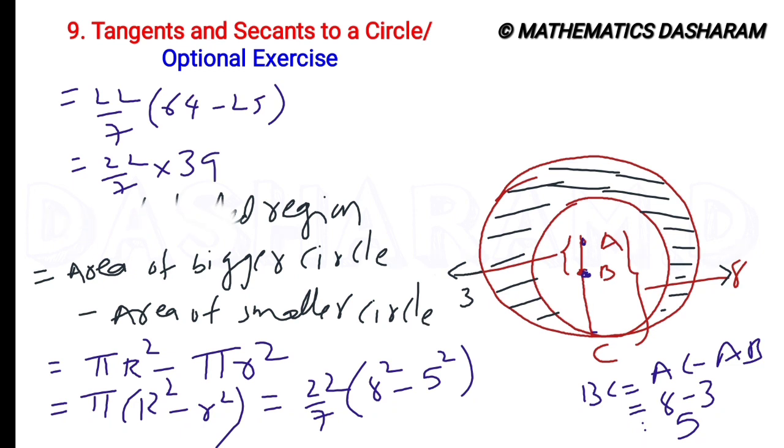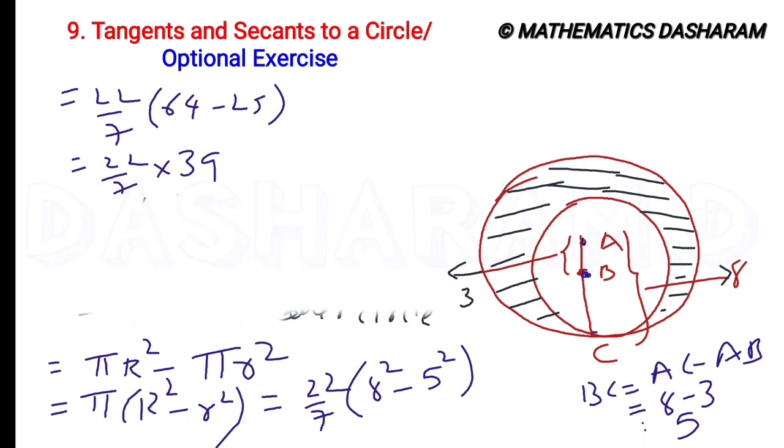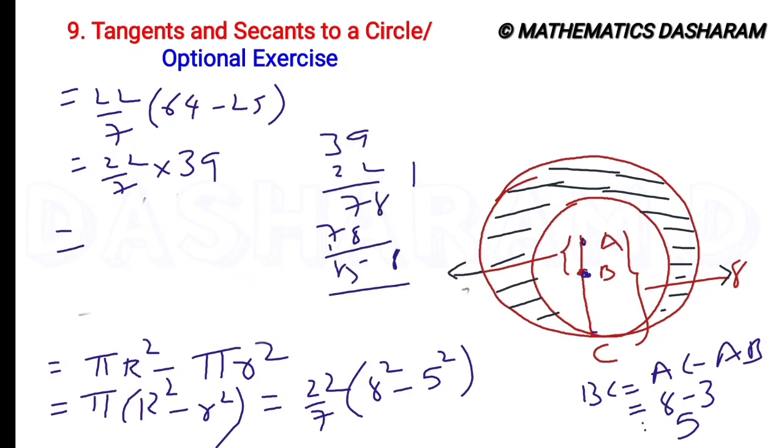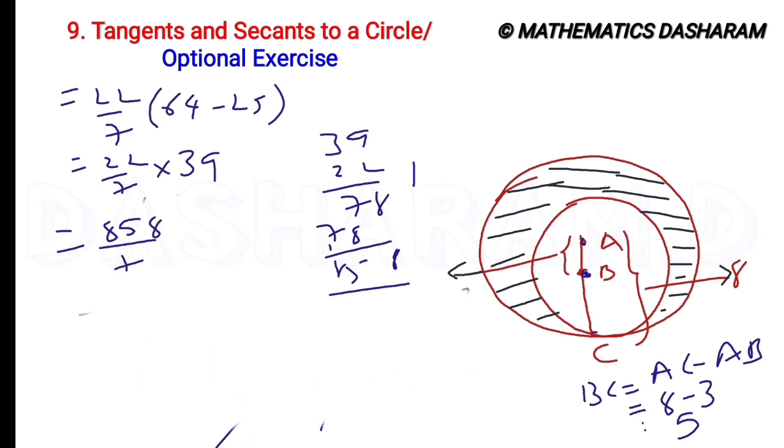So let's simplify this. First of all, 22 into 39 equals 858 divided by 7. So let us do the division with 7. 7 ones are 7. Next, 1 remainder, 7 twos are 14.